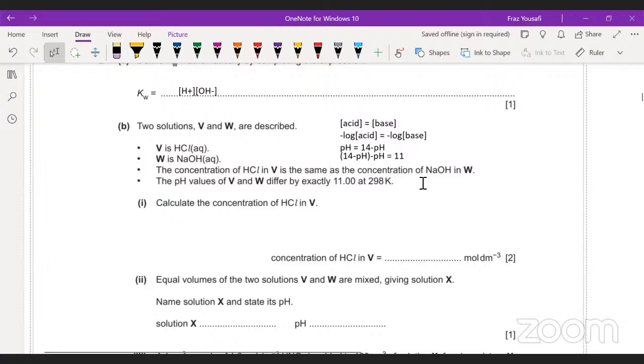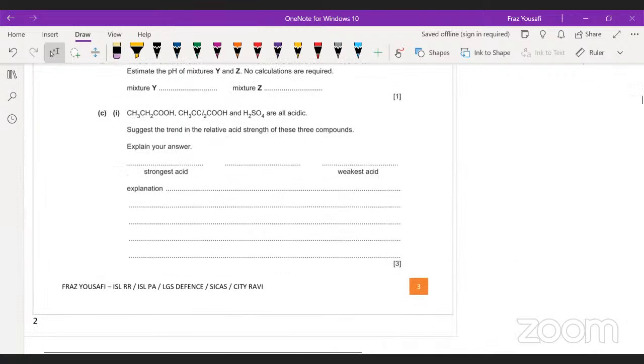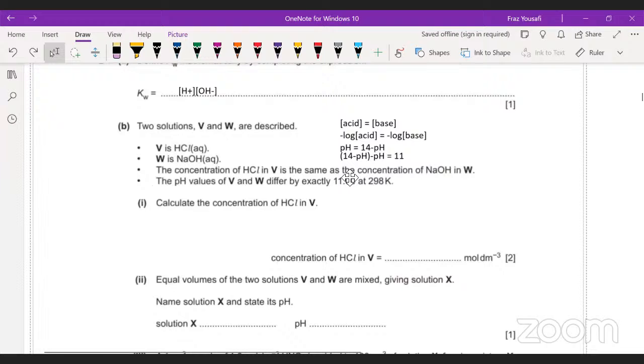And when you solve this out, what you end up getting is this expression. You get 2 pH is equal to 3, or simply your pH is equal to 1.5.